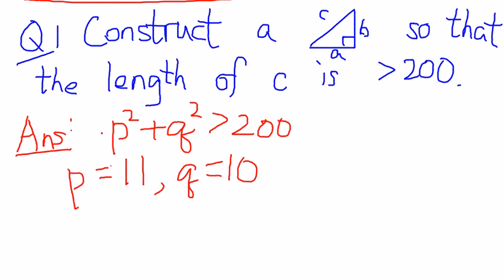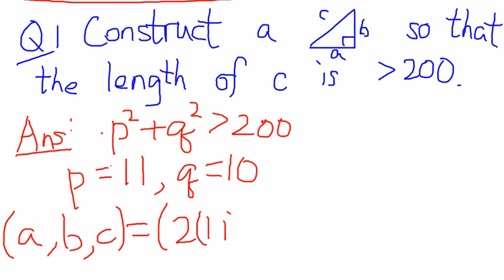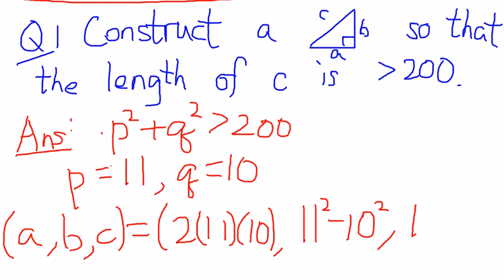In that case, A is going to be 2 times P times Q based on the previous formula, which is the same as 2 times 11 times 10. And then B equals P squared minus Q squared, which is 11 squared minus 10 squared. And the final number is 11 squared plus 10 squared.